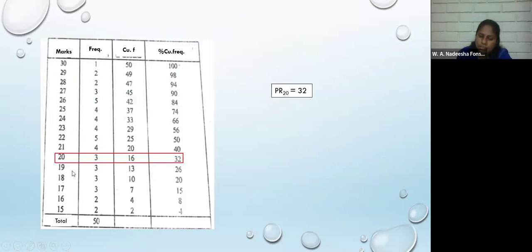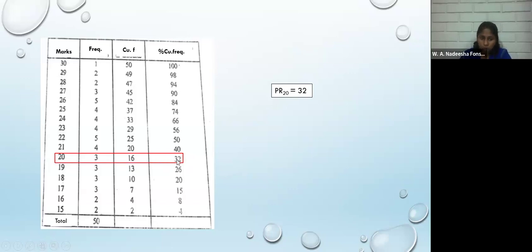So the highlighted row, the mark 20, is highlighted here. By looking at its percentage cumulative frequency, that is 32. It means, as I told you earlier, there are 32 students who got below 20 or 20 marks. 20 marks or below 20 marks.